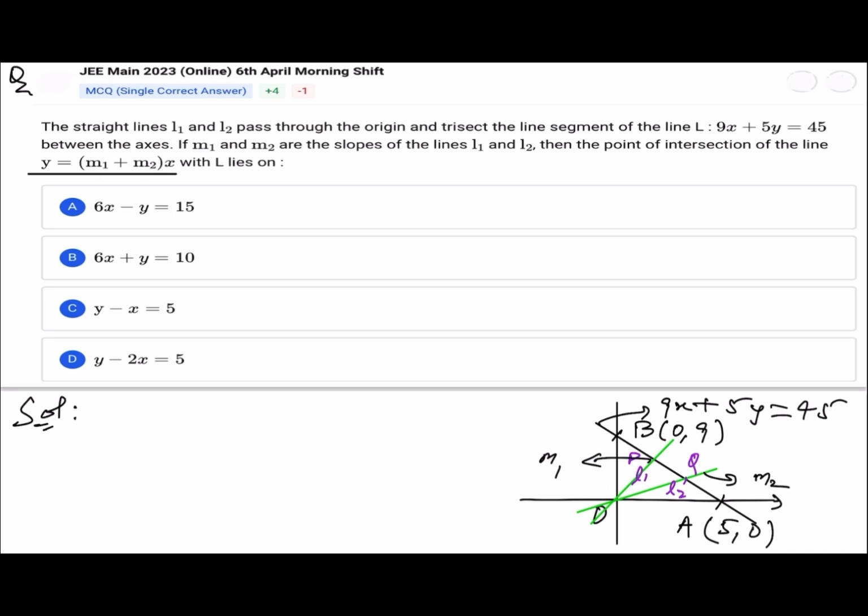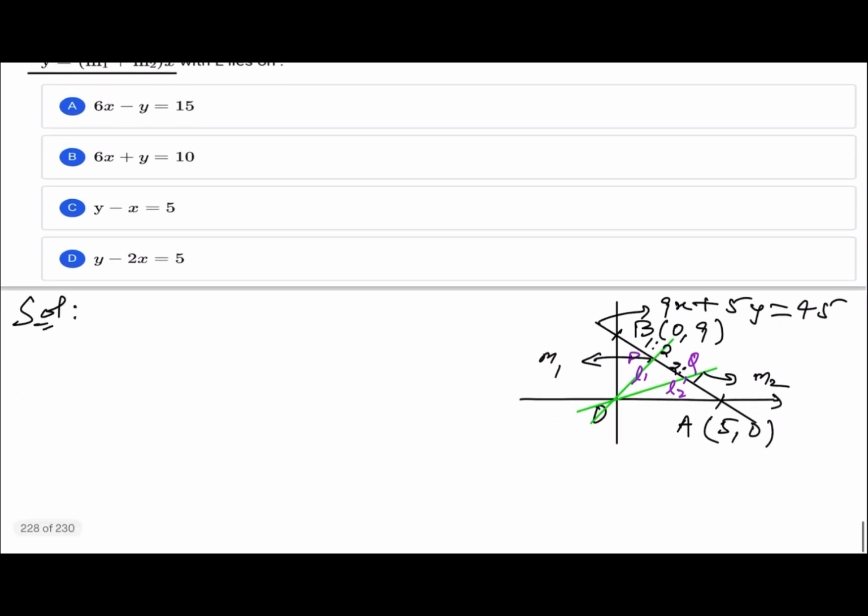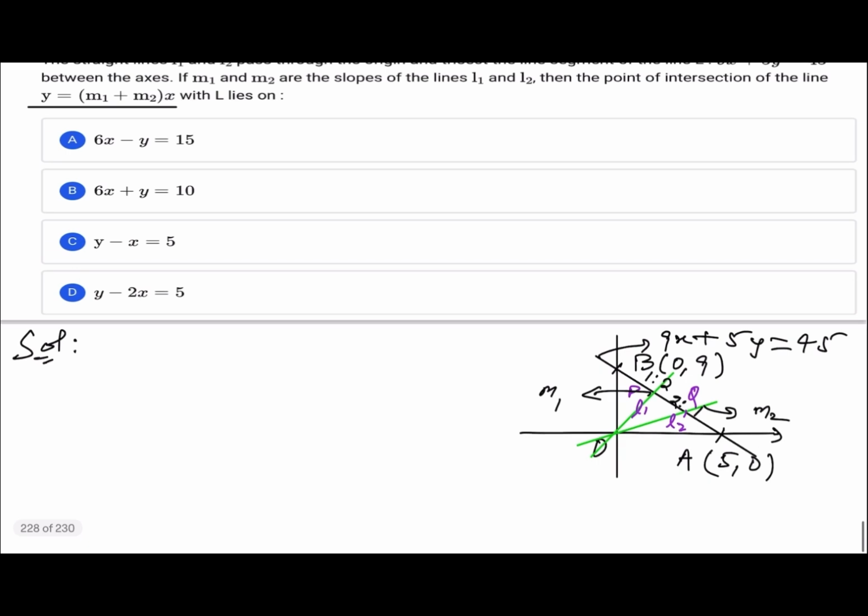It is given that L1 and L2 are trisecting the segment AB. So P is dividing BA in the ratio 1:2 and Q is dividing BA in the ratio 2:1. Trisection is nothing but ratio 1:2 or 2:1.